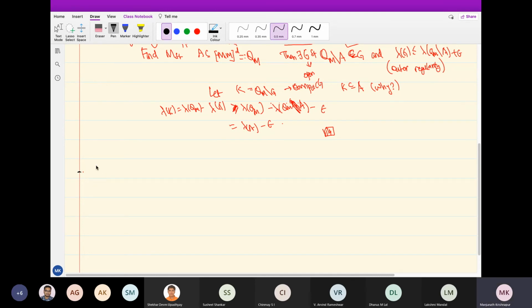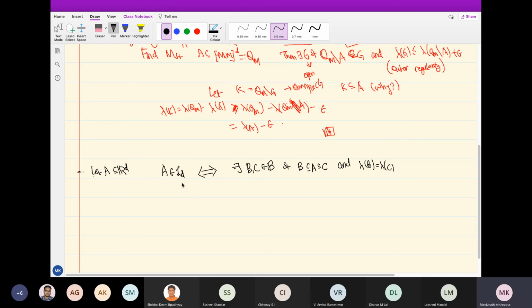Let A be a subset of R^d. Then, A is in the Lebesgue sigma algebra if and only if, I will say in terms of Borel sigma algebra, there exist B and C which are in the Borel sigma algebra such that B is contained in A and A is contained in C, but they have the same measure.